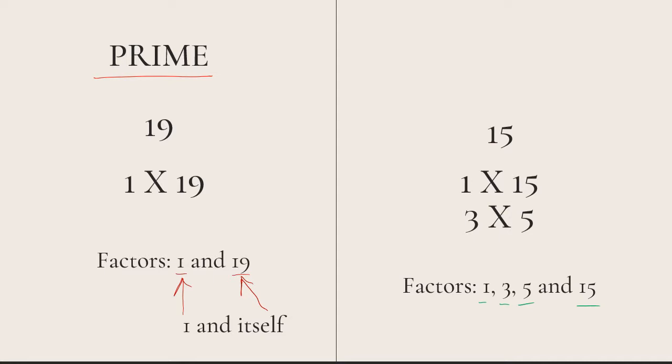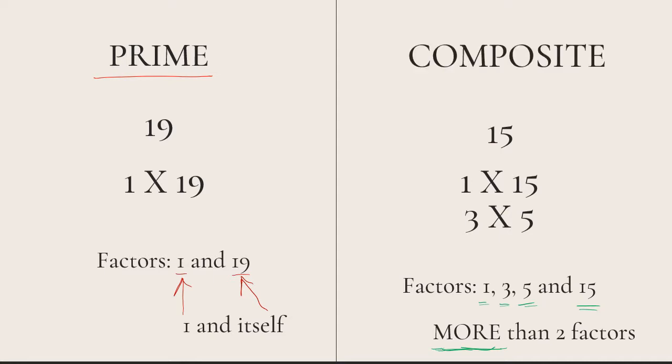So how many factors are there? It's more than 2 factors. It's 1, 2, 3, 4. So if it's more than 2 factors, then we call it a composite number.